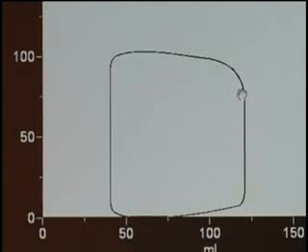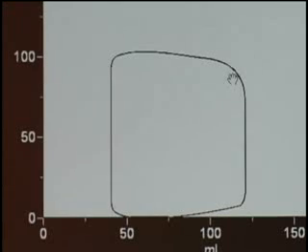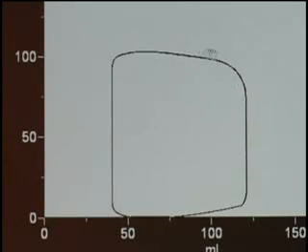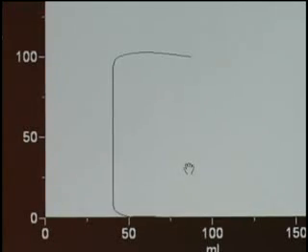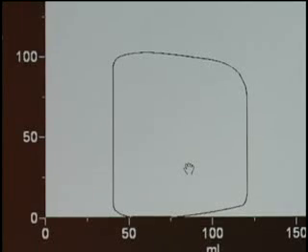Then the volume starts to decline as the valve opens. So this is another way of looking at the aortic valve opening, the heart ejecting, and then the aortic valve closing, isovolumic relaxation. This is the left ventricular pressure volume loop.